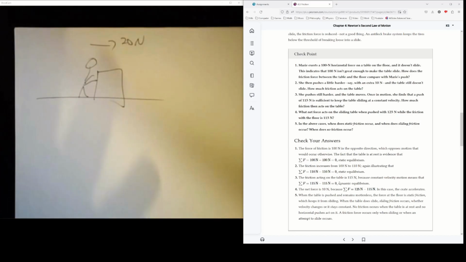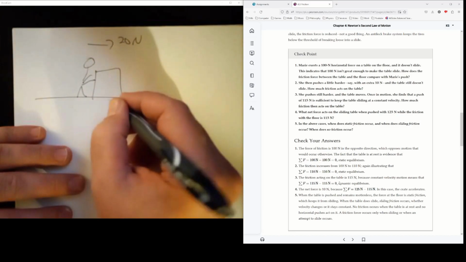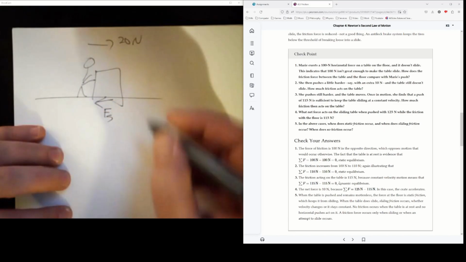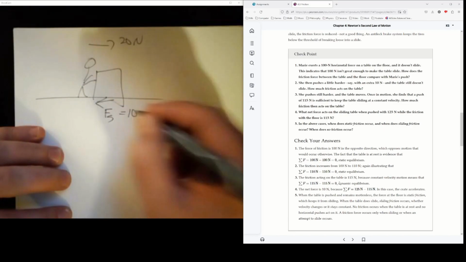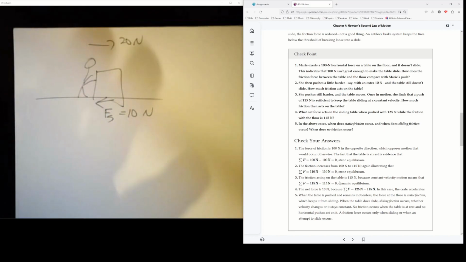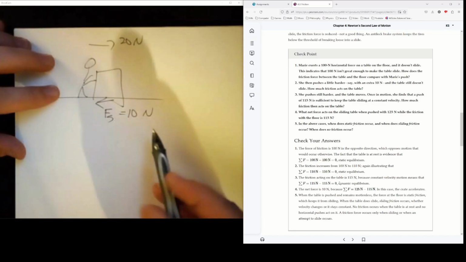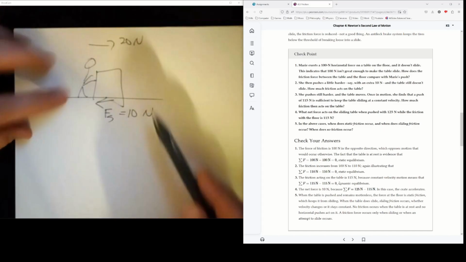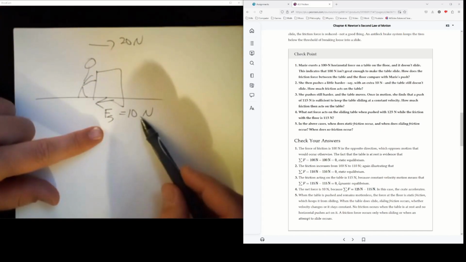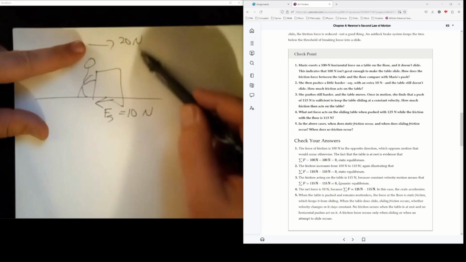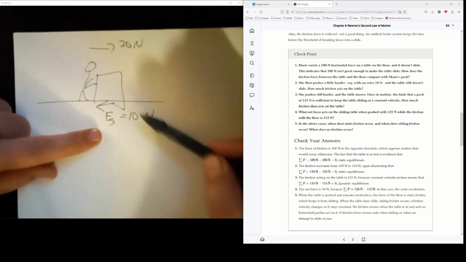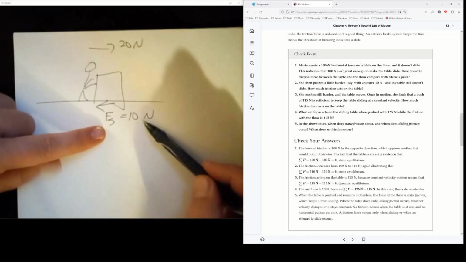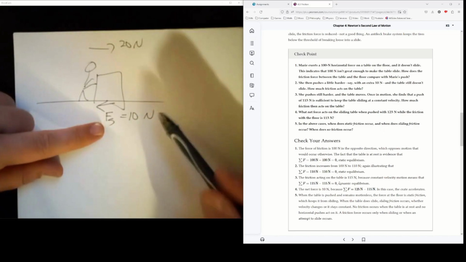And as you push on it, let's say the static, that initial force of friction, is 10 newtons. It's always working against your motion. So if you push with 20 and static is 10, well, that means you'll be able to push it because your force is greater than the static friction.